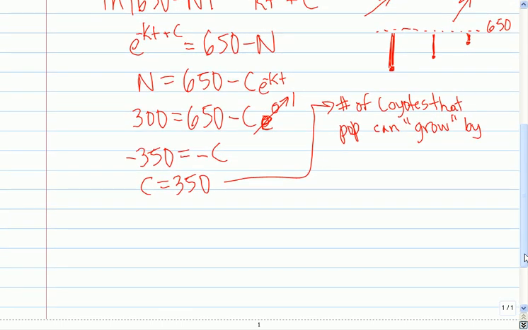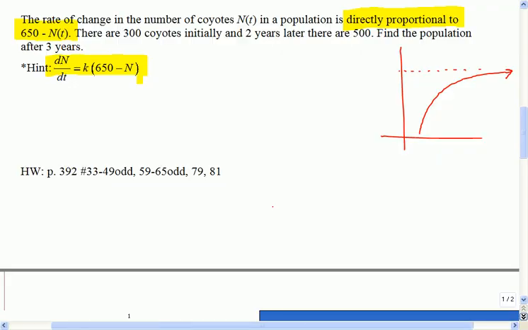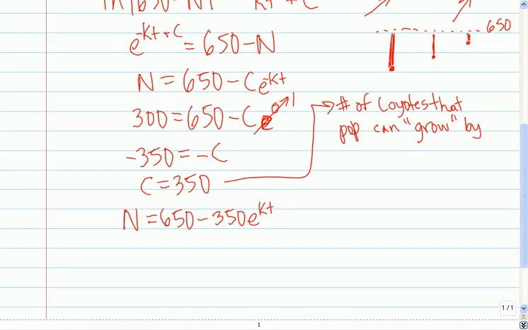So if I finish up my model, I need to figure out what the continuous growth rate is. So let me just take another look here. It says 2 years later there are 500. So 2 years later there's going to be 500 coyotes.